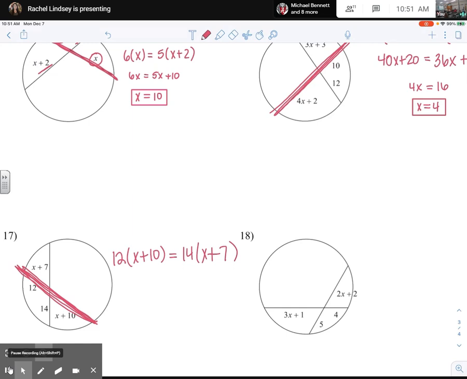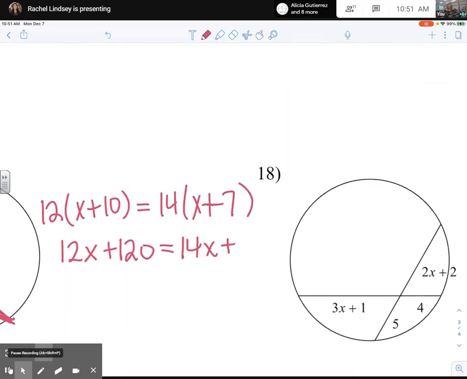So we have to distribute the 12 and distribute the 14, so I have 12x plus 120 and 14x plus 14 times 7, which is 98.